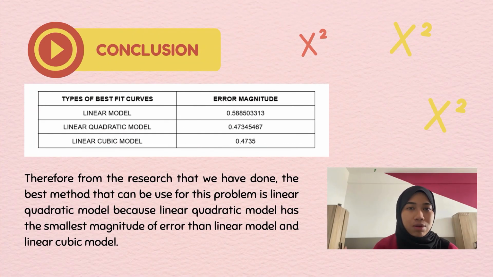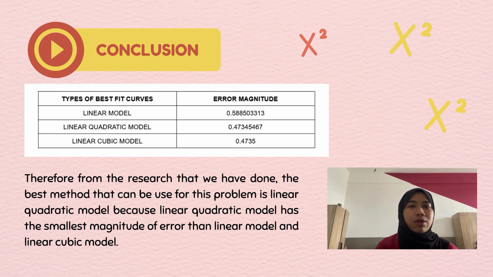So for conclusion, we have a summary of the error magnitude for all three models: the linear model, the quadratic model, and the cubic model. The linear model has the largest error magnitude, around 0.5885, while both the quadratic and cubic models have much smaller errors, around 0.473.